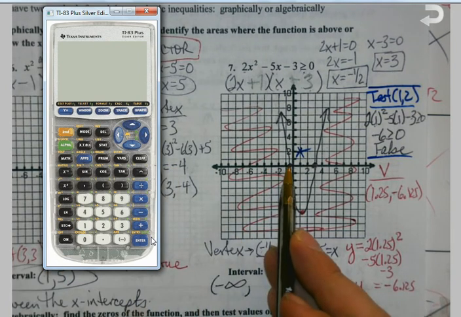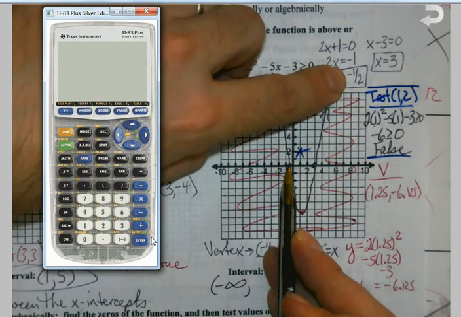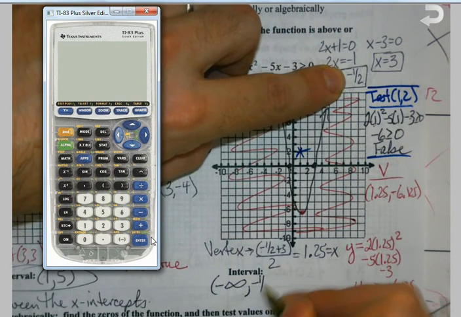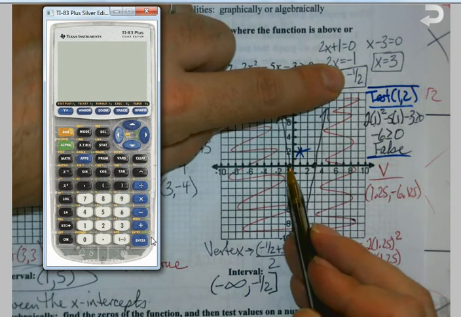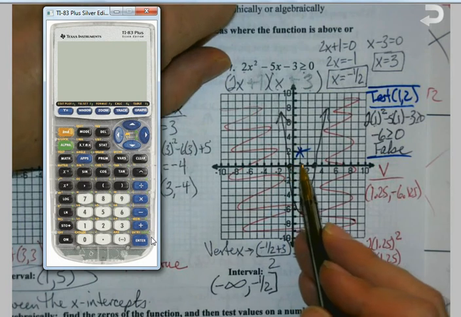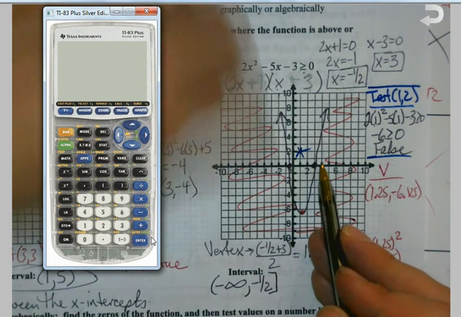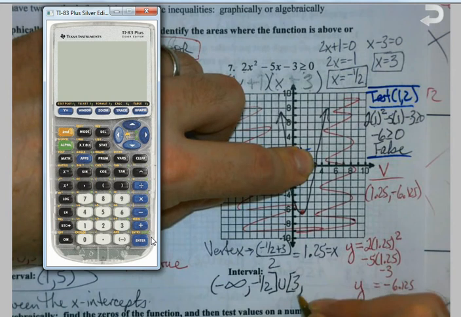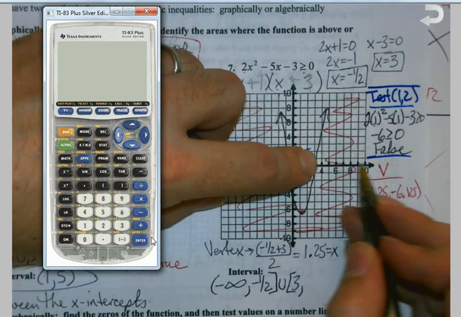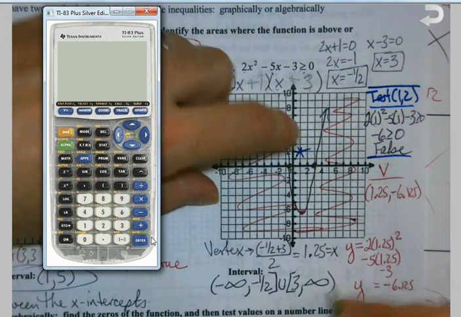Oops, it quits being colored in here at negative 1/2 bracket because it's solid. So there's no answers, no answers. Oop, the answers start up here at 3. And off answers go forever.